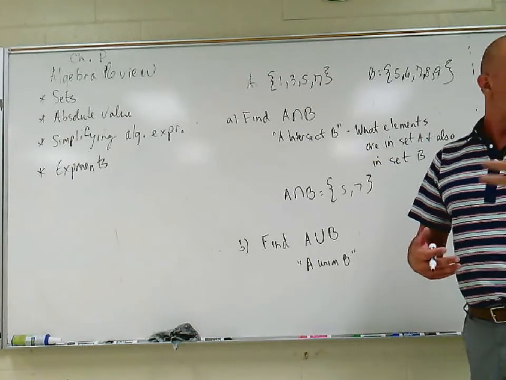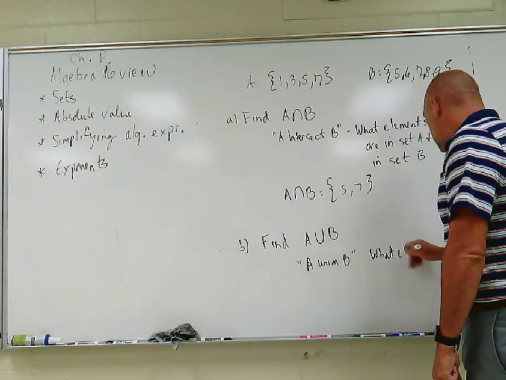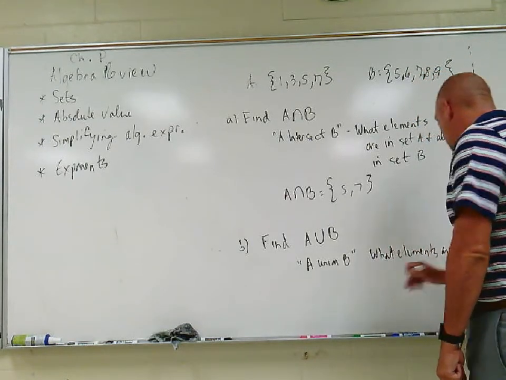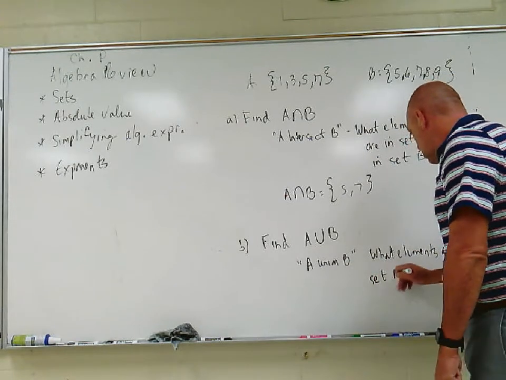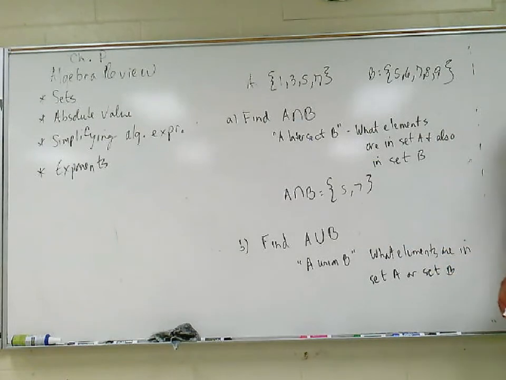It's either in this one or this one. So what elements are in set A or set B? Basically everything that's in set A and everything that's in set B, just don't write the same number twice. If the same number is contained in both, you don't write it twice.